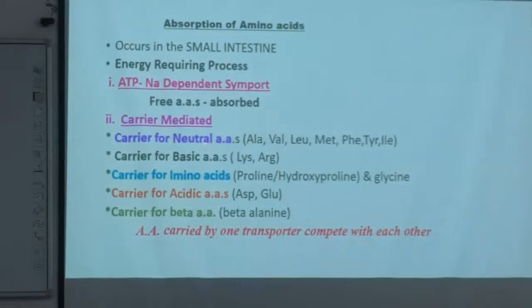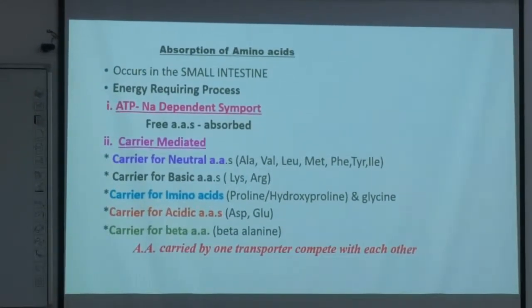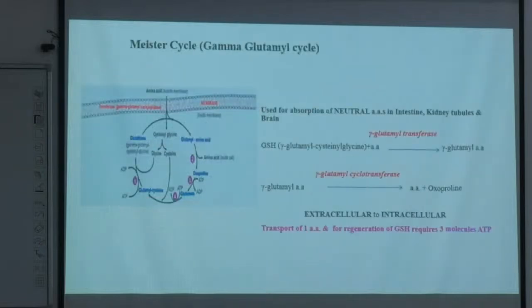Note these down: carrier for neutral amino acids, carrier for basic amino acids, carrier for acidic amino acids, carrier for beta amino acids. Amino acids carried by the same carrier will compete with each other for the same transport protein, and an ATP dependent import system is required, that will be called an energy requiring process.